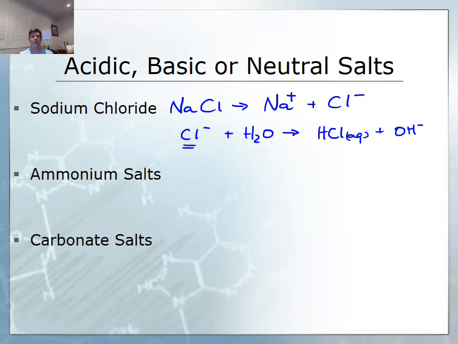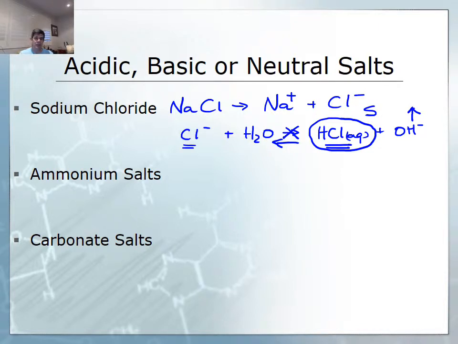Now, this should increase the concentration of the OH- ions, but only if the reaction is going to proceed in this direction. And the problem is that we have HCl, which we know is hydrochloric acid, a very strong acid. And therefore, this reaction is going to go this way, not this way. That's not going to work.